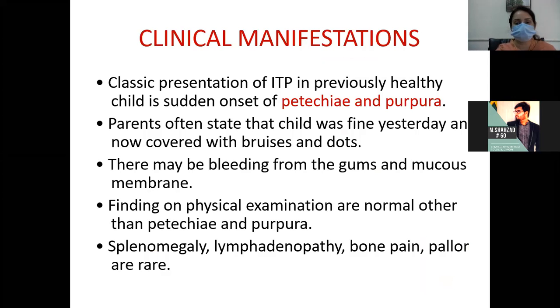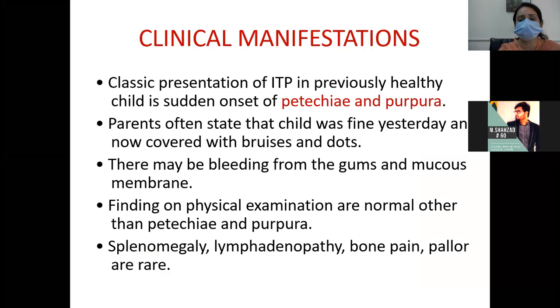So next, what are the clinical manifestations? You should know the clinical manifestations, or what are the signs and symptoms with which a patient can present, and then you will further investigate a patient of ITP. The classical presentation of ITP in a previously healthy child is sudden onset of petechiae and purpura.